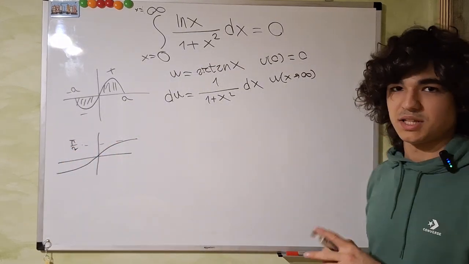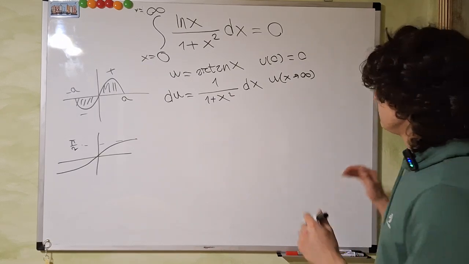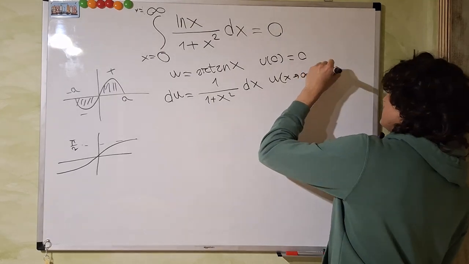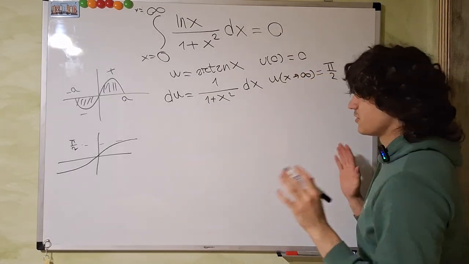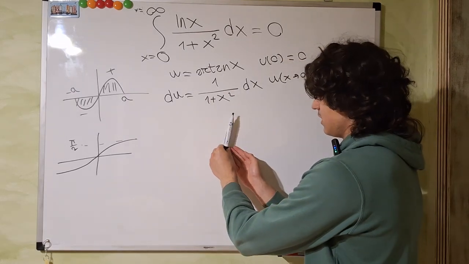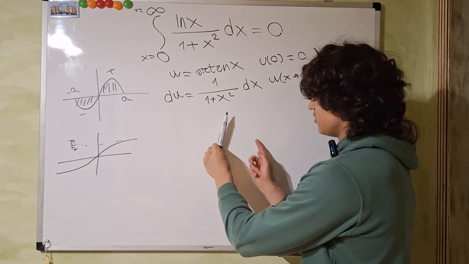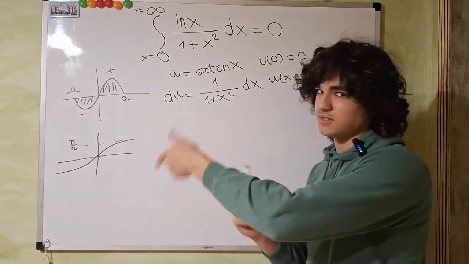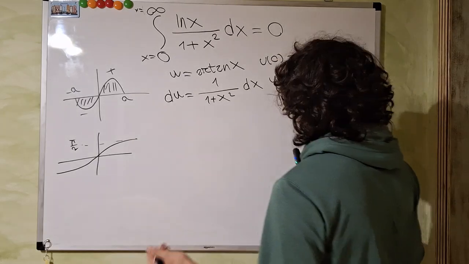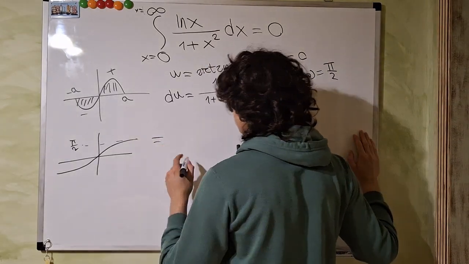So you should be familiar with this. It approaches pi over 2, so this equals pi over 2. Nothing crazy at the moment. This follows because as you approach a 90-degree angle, a pi over 2 angle, the tangent goes to infinity, and this is the inverse function of the tangent. So it's clear. Now, let's get back to the integral.